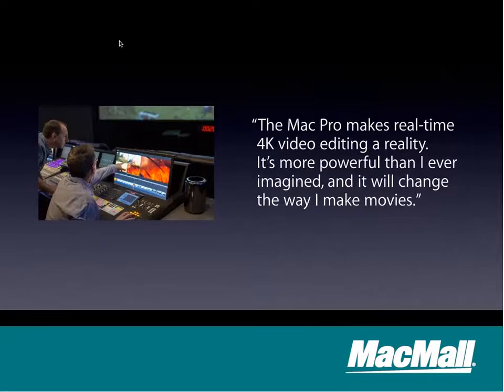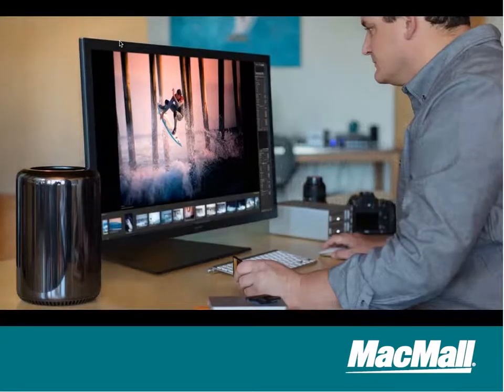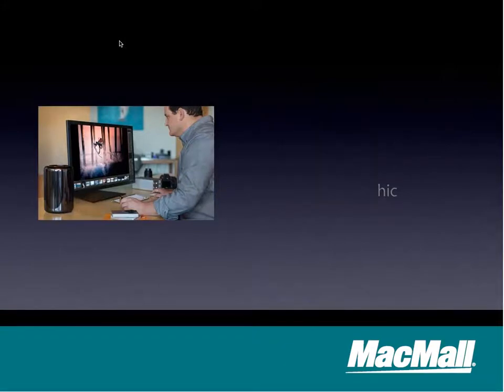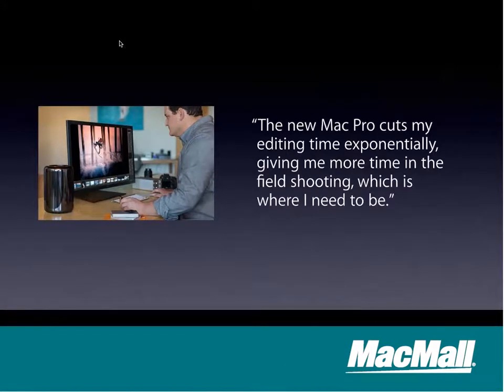Let's take a look here at the next person that we gave one to. Lucas Gilman, photographer for Sports Illustrated, National Geographic. He had this to say: the new Mac Pro cuts my editing time exponentially, giving me more time in the field shooting, which is where I need to be. And you know, isn't that what it's all about? The fact that this machine is so fast.